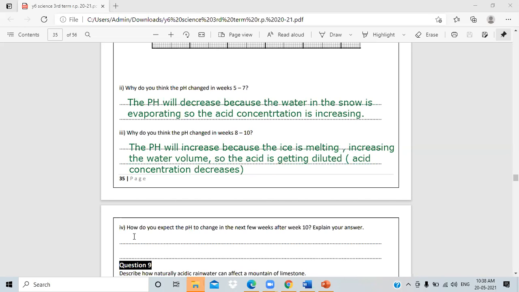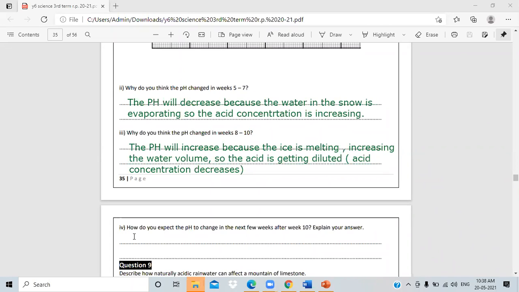After spring, what comes? Summer. Yes, exactly. What is the season after spring? Summer. So it's getting really hot in summer, right? What will happen to the water?